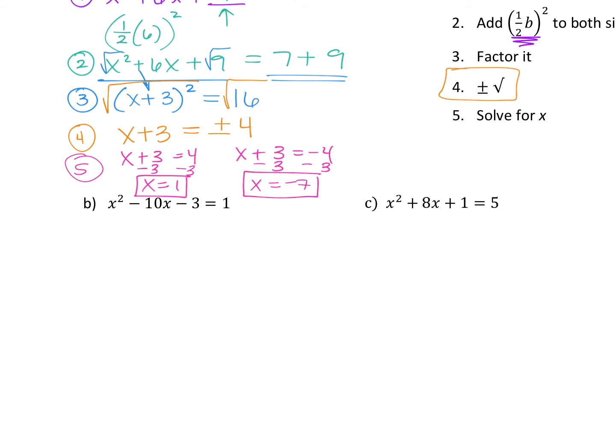That's your process. You just completed the square. It's a lot of steps, yeah. But you do the same thing over and over and over again. So the more exposure you have to it, the easier it's going to be.